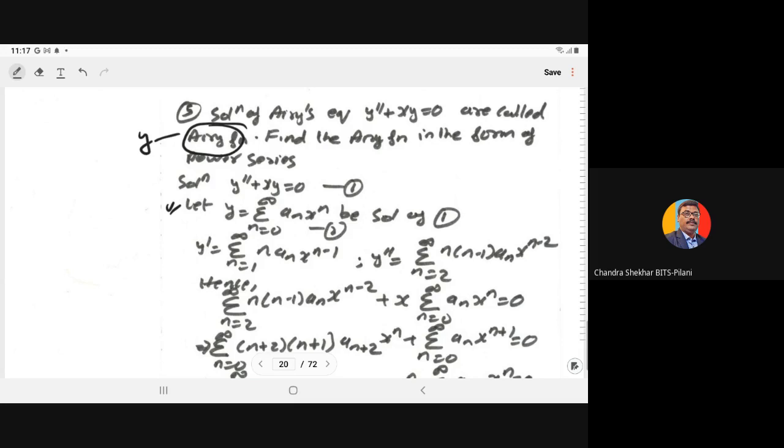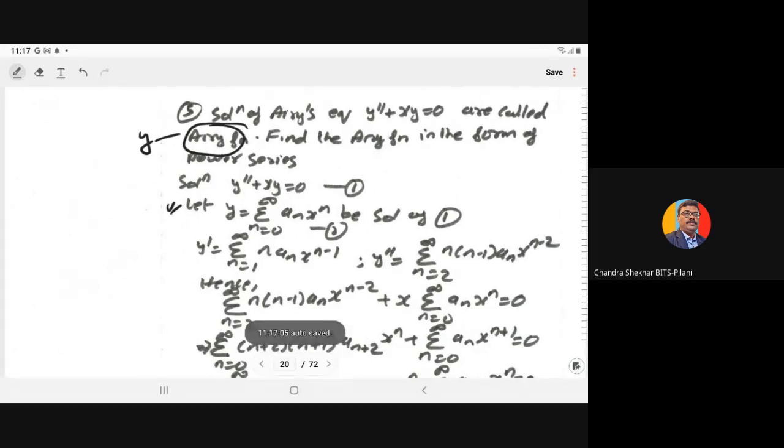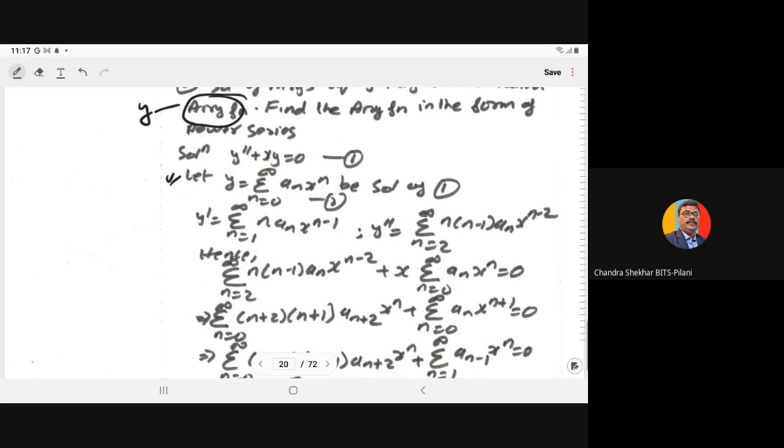From here you can compute y dash and y double dash, and then you put y and y double dash in the given equation. So here we have the given equation: summation n is equal to 2 to infinity n into n minus 1 an x to power n minus 2 plus x into y, so x into summation n is equal to 0 to infinity an x to power n, is equal to 0.